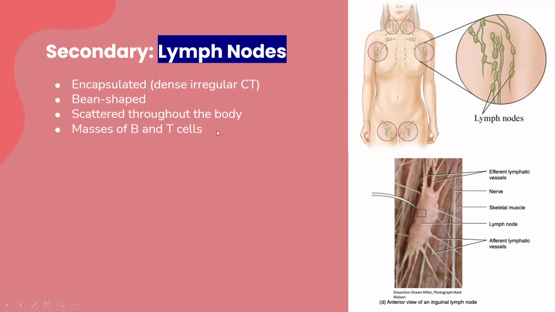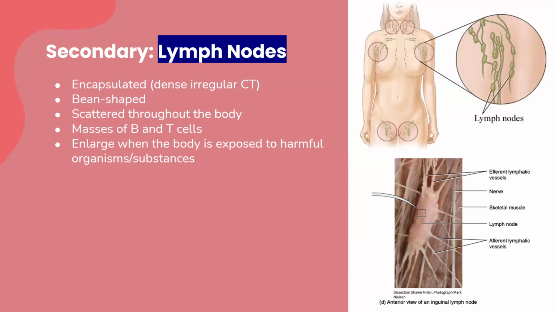They are basically just masses of the mature B and T cells that are ready to respond. Diba? They've already graduated from the thymus and the bone marrow, so they are ready. Isipin nyo, the lymph nodes are kind of like the different precincts or different police stations na may nakastation na doon na mga new recruits into the police force.